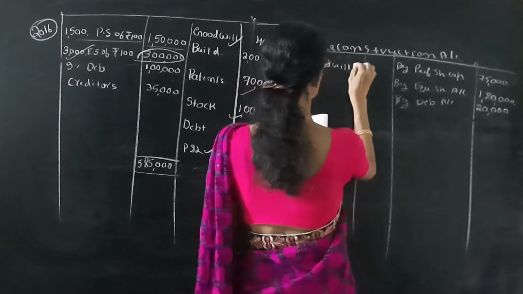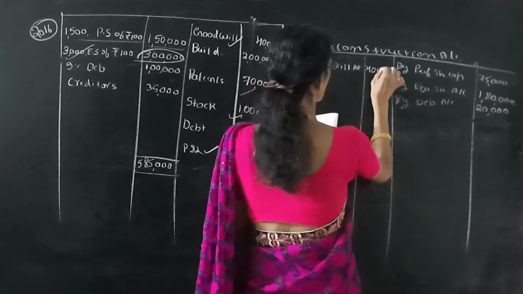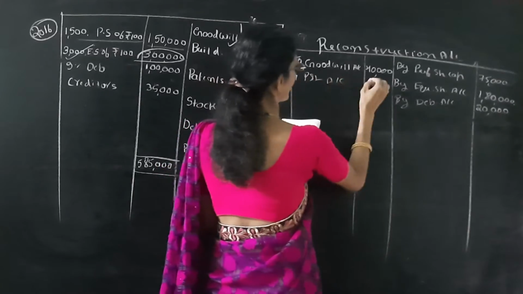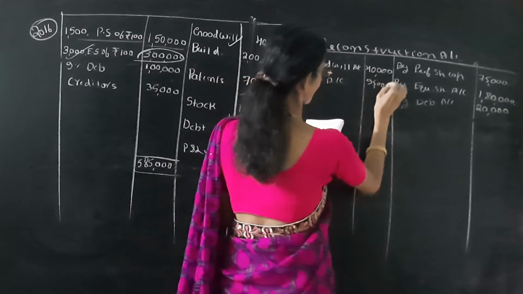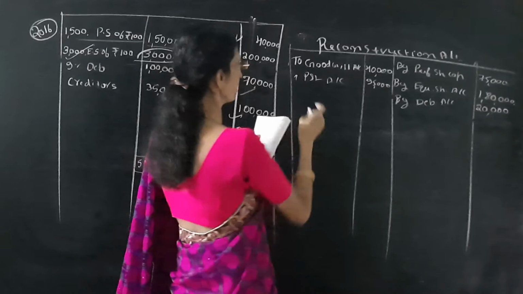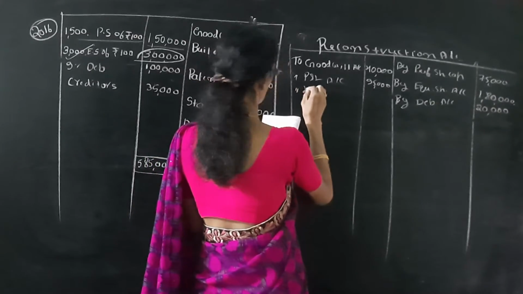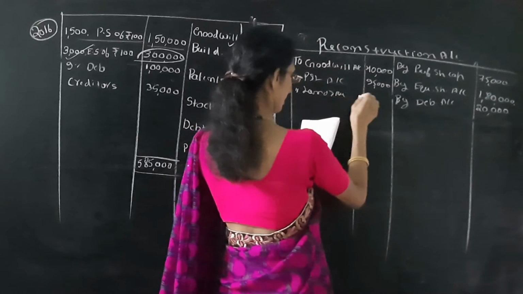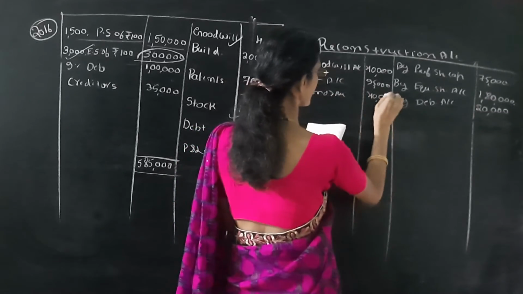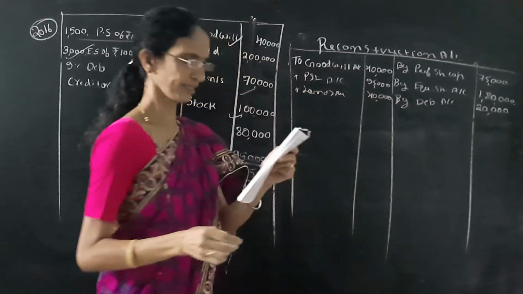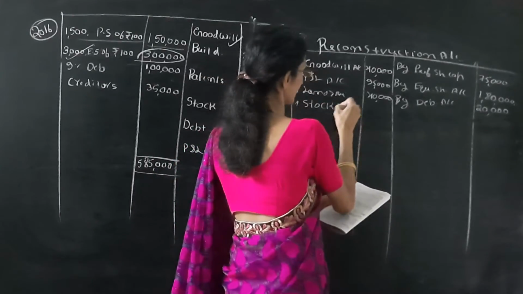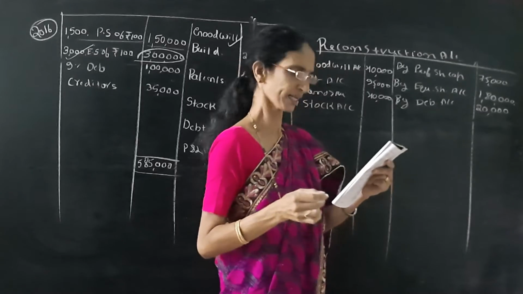Goodwill account. See the last journal entry, 40,000 to P&L account 95,000. Next to land and buildings account 40,000. Next to stock account, write all the assets which are written off.